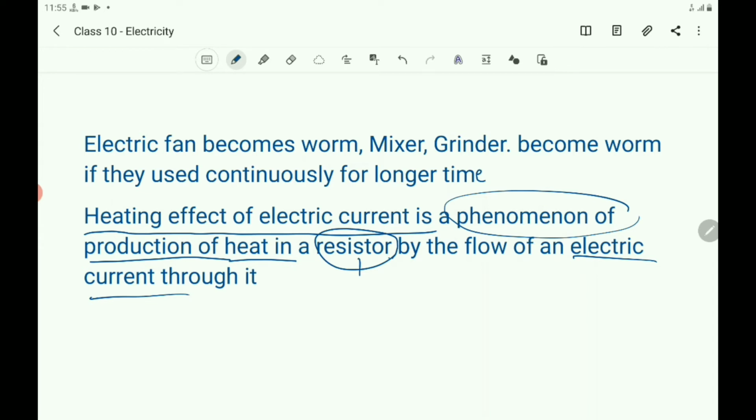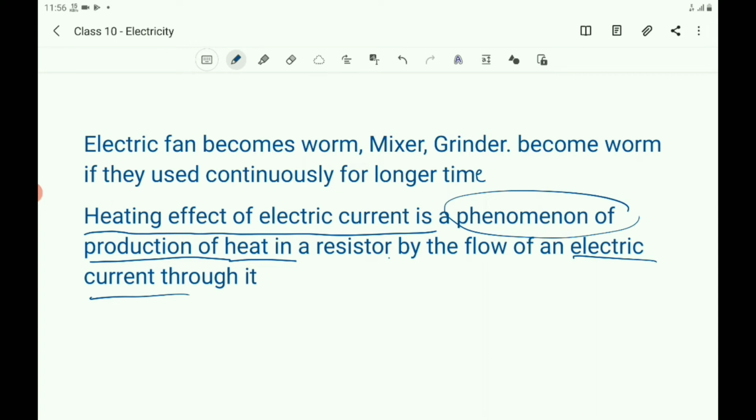But here, why have you taken the resistor? The production of heat depends upon the resistivity of the conductor. So simply you can say, what is heating effect of current? When an electric current is passed through a conductor, heat is produced in it. This is known as heating effect of current.